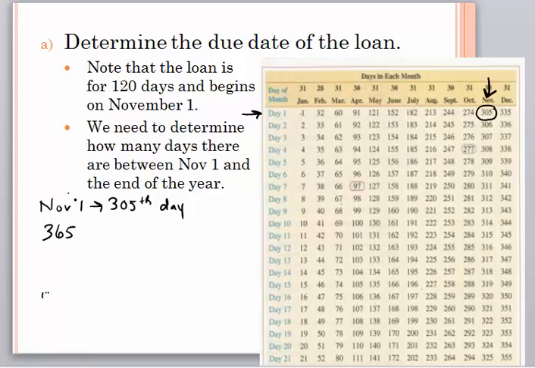So to determine how many days there are between November 1st and the end of the year, we can simply take the total number of days in a year, which is 365, and subtract off the 305. And this will tell us that there are 60 days between November 1st and December 31st.